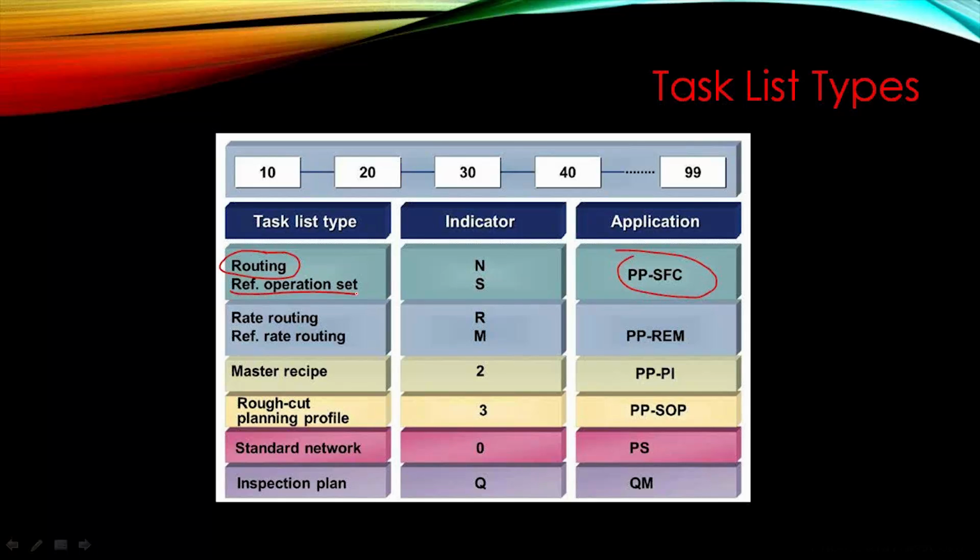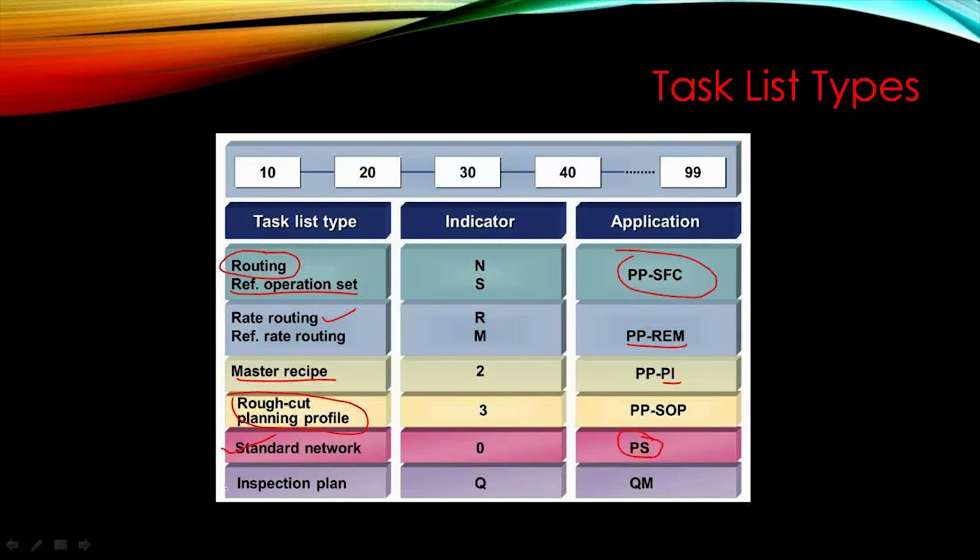And we also have other types of task list like rate routing that is used in the PP repetitive manufacturing. Then we have master recipe, which is used in the process industry. Then we have a rough cutting profile here, which will be used in a different part of SAP PP. And then another one called standard network, which is used in the PS module.